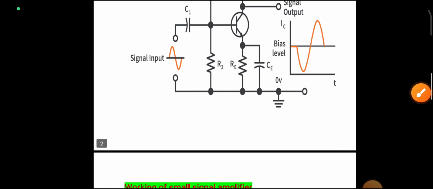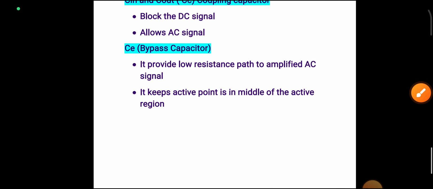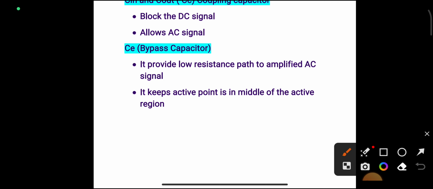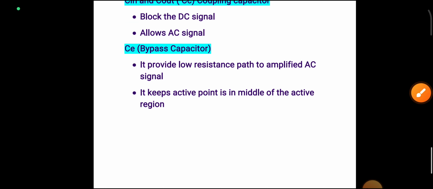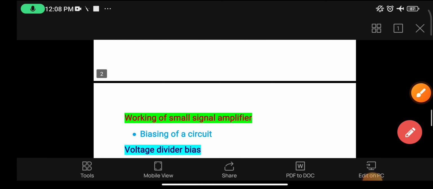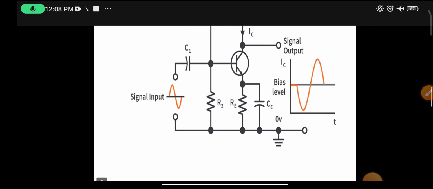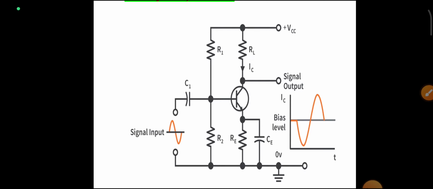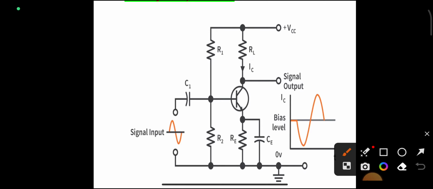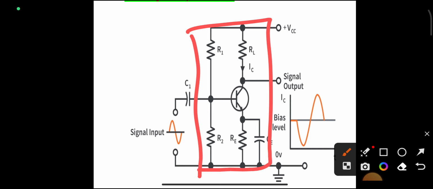Next, another important point is it keeps the active point in the middle of the active region. Why? I already told that this voltage divider biasing circuit gives high stability and also self biasing. Self biasing means when the IC increases, the Q point shifts towards the saturation point.